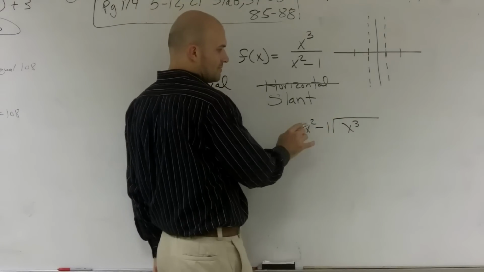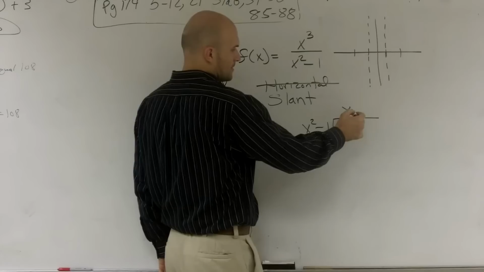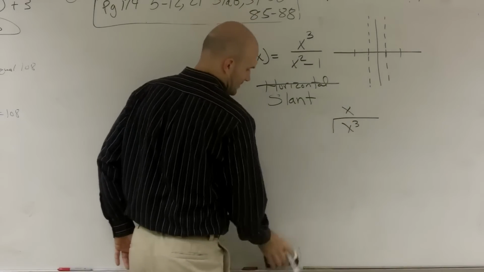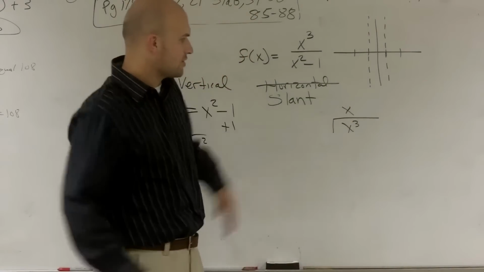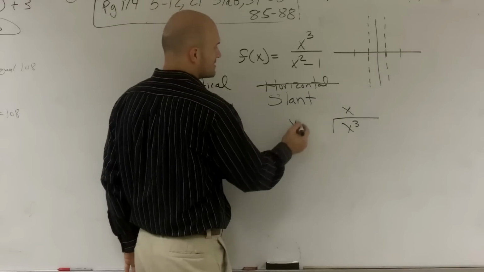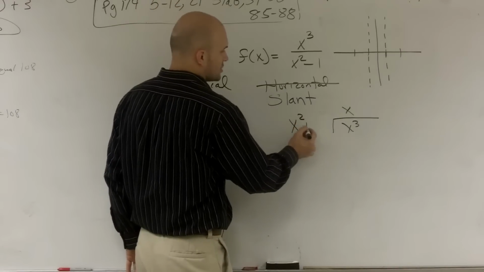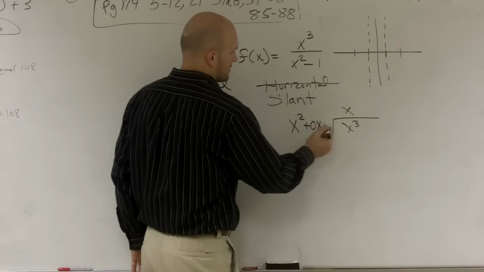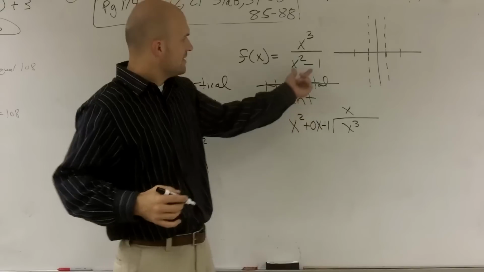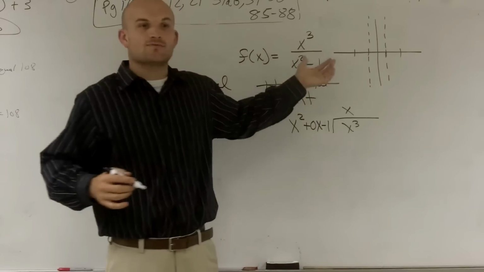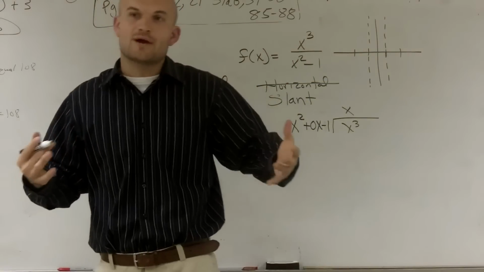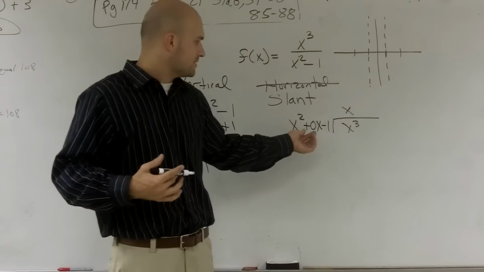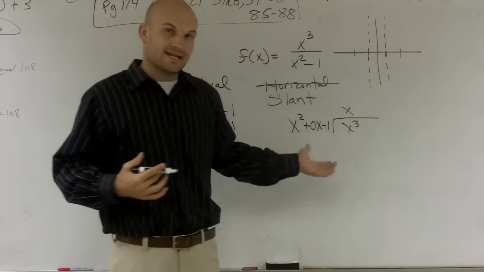Remember, you take your first term and divide it into the first term. When doing long division of this sort, we need to make sure every term is represented. I don't have a 0x, so I need to create one. Notice that my divisor is x squared minus 1. To finish up this problem, I have to make sure that every single x term is represented when dividing.